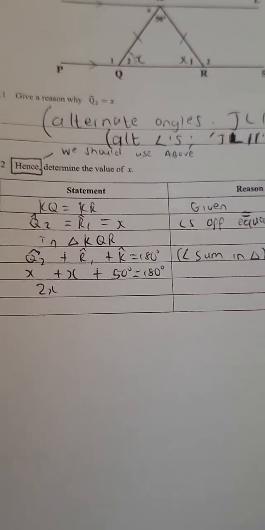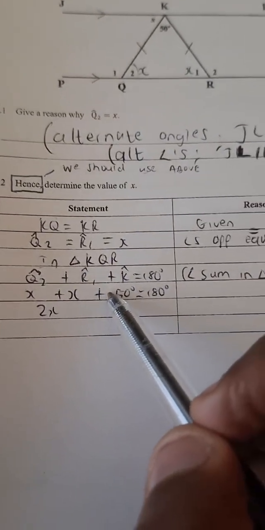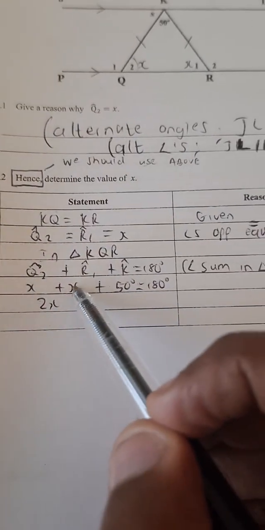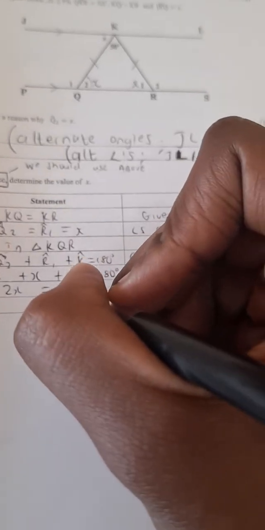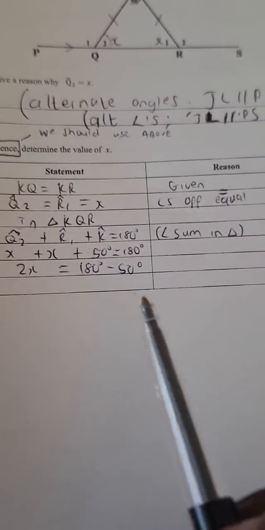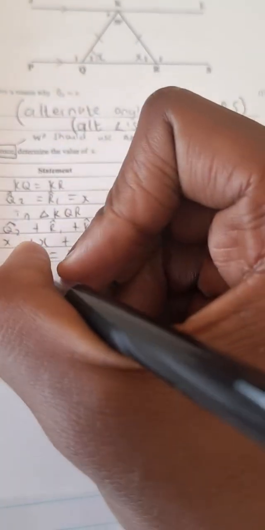Then we can add now x plus x, that is 2x. Yes, grade 8, this is applicable to grade 8. This grade 9 content is applicable to grade 8, grade 10, and grade 11. x plus x is 2x. You take the 50 over, you transpose it: 180 minus 50.